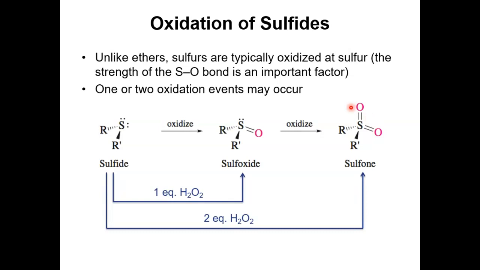For ethers, the oxidation generally happens on the carbon atom next to the oxygen. But sulfides can also be oxidized, and the oxidation always happens on the sulfur atom. So it's different from ethers. Why does oxidation happen on the sulfur instead of carbon?